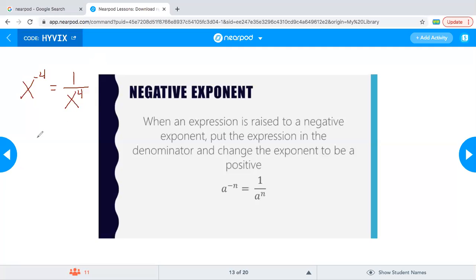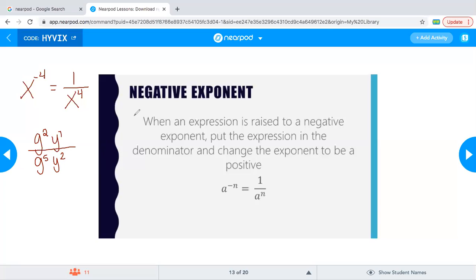So let's say I had g to the power of 2, y to the power of 7, all over g to the power of 5 and y to the power of 2.